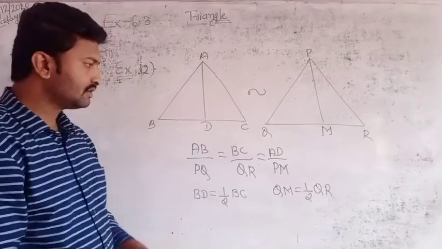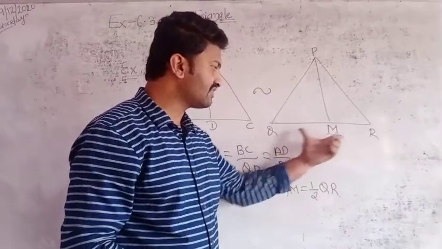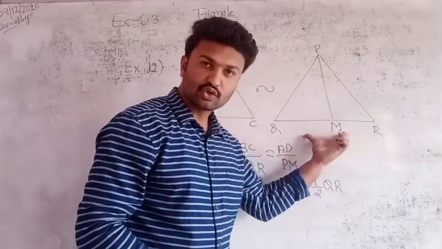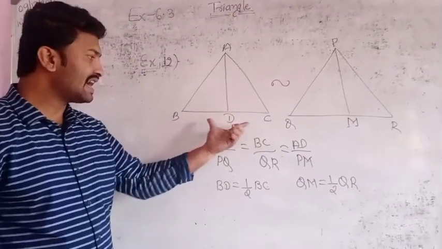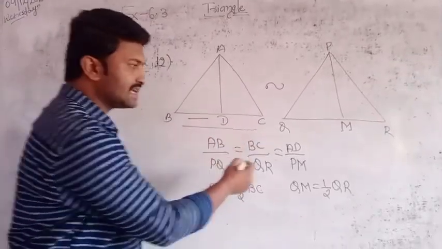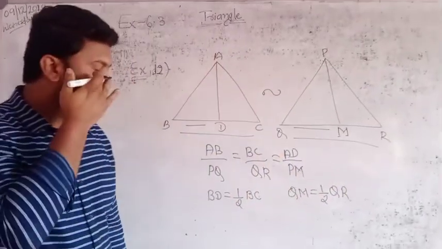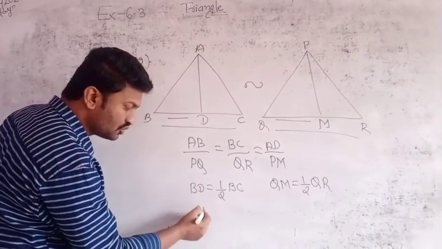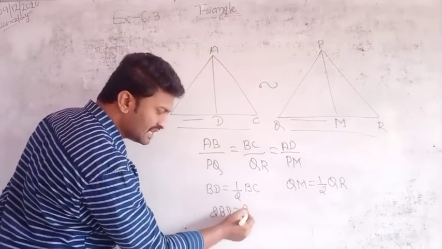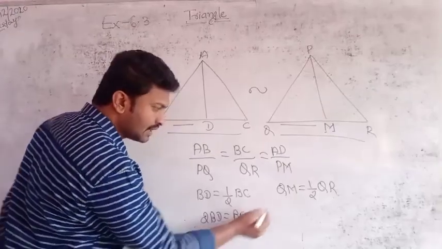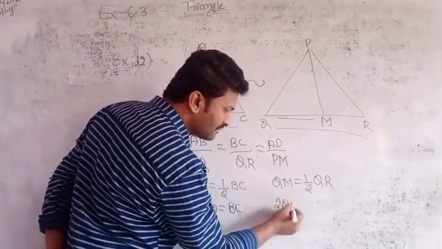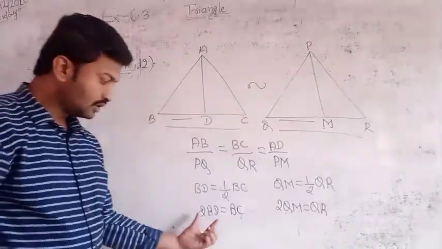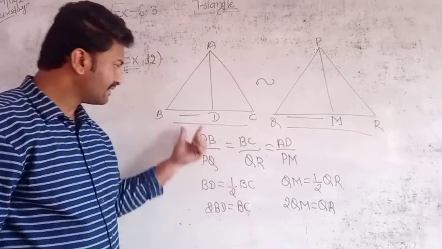Why? This M is a midpoint of QR, so QM is half of QR also, and BD is half of BC. Next, cross multiply this: 2BD equals to BC, and this one becomes 2QM equals to QR. 2 times BD means BC.